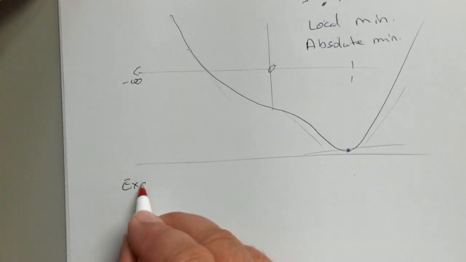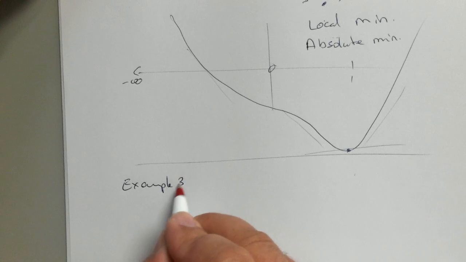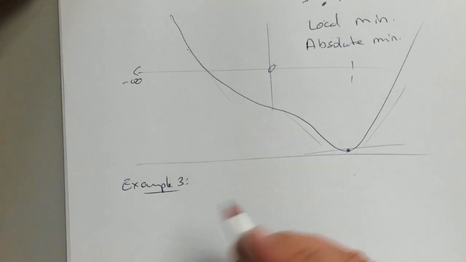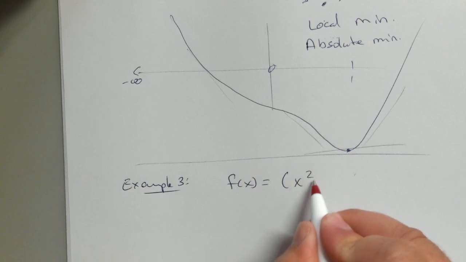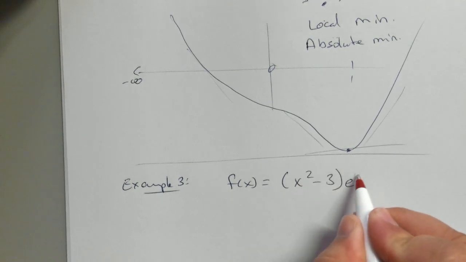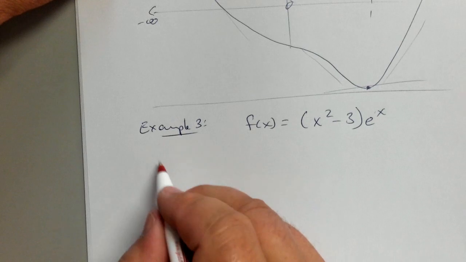Example 3. The same things. Here's your function: x squared minus 3, times e to the power x.